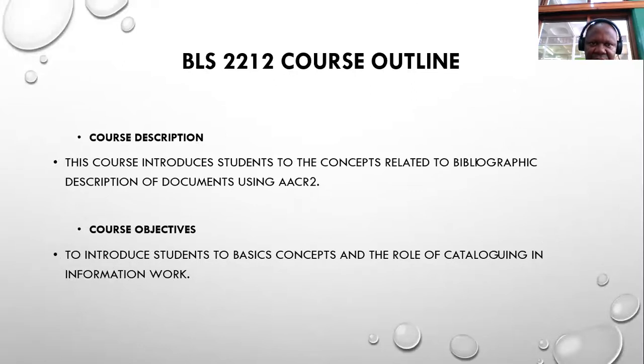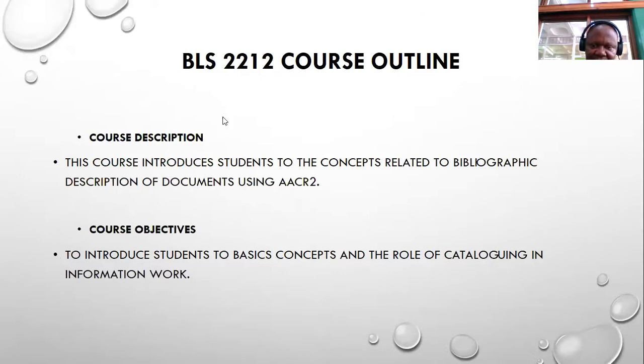So course description. This course will introduce you to the concepts related to bibliographic description of documents using AACR 2, and those are the Anglo-American Cataloguing Rules, second edition, which has been revised many times.